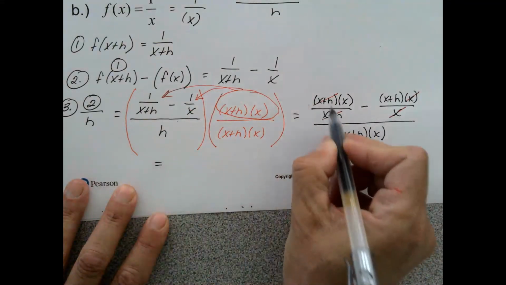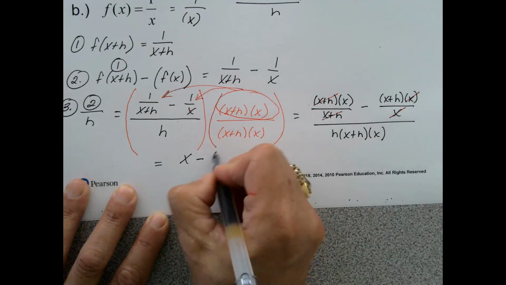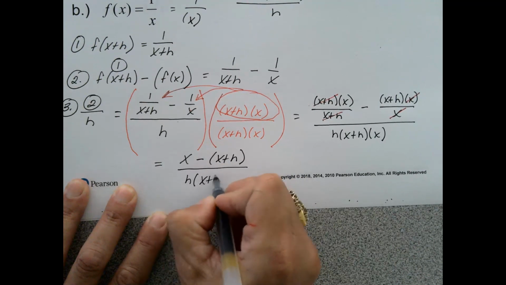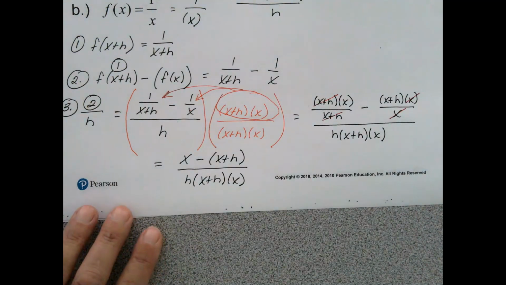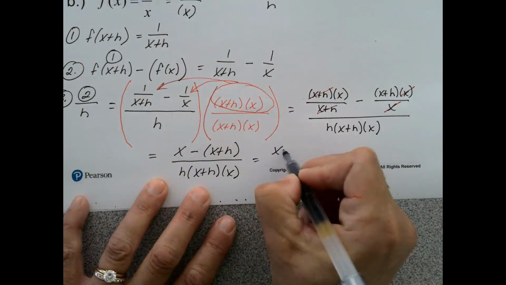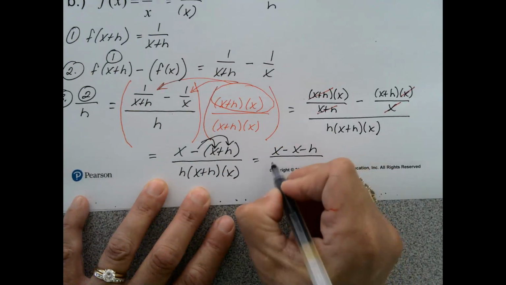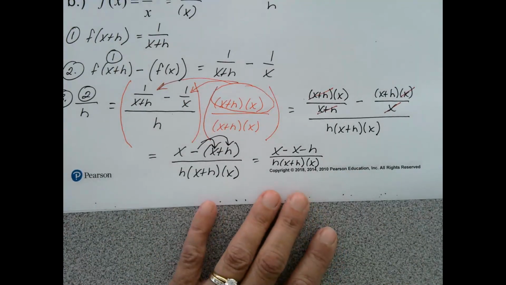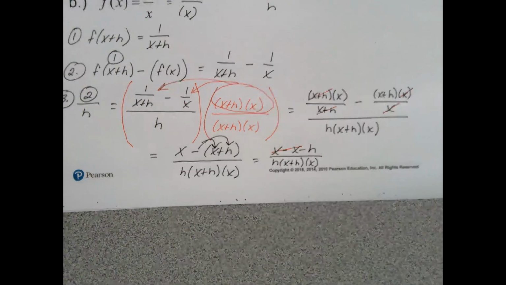So what I'm left with up top for the first term is an x minus x plus h for the second term, all over h times x plus h times x. So the top becomes x minus x minus h when I distribute the negative sign through, all over h times x plus h times x. x minus x, those add to 0.